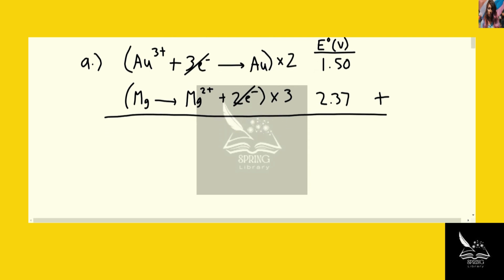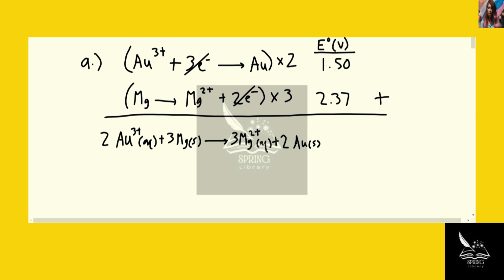And now the overall cell reaction becomes 2 Au3+ aqueous plus 3 Mg solid goes to 3 Mg2+ aqueous plus 2 solid gold.